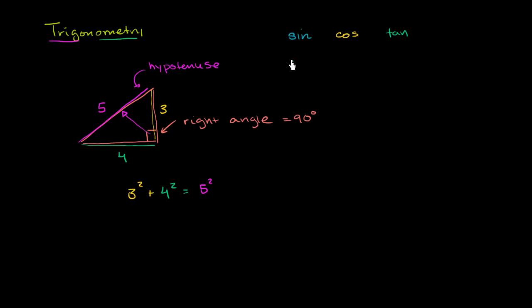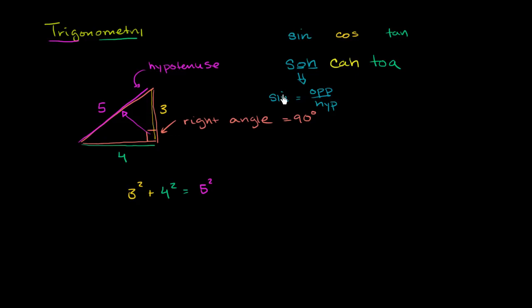I'm going to write down something. It's called Sohcahtoa. You'll be amazed how far this mnemonic will take you in trigonometry. What this tells us is that sine is equal to opposite over hypotenuse. This won't make a lot of sense just yet.